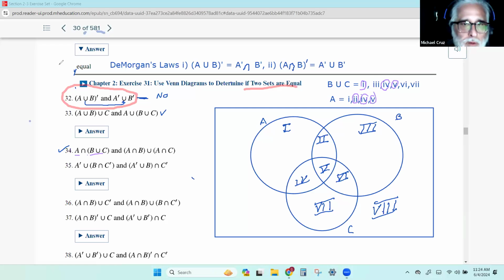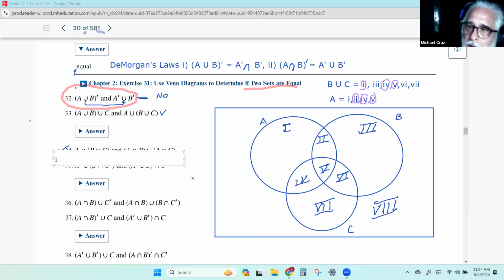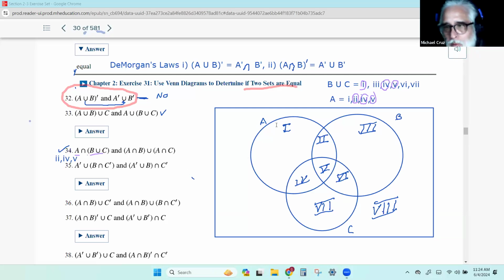All right. So what I'm going to do then is put right here underneath this one that it is made up of 2, 4, and 5. That's the ones that make up the whole thing. 2, 4, and 5.